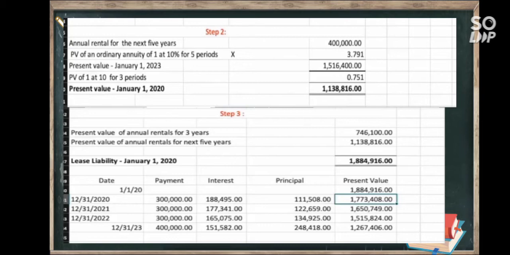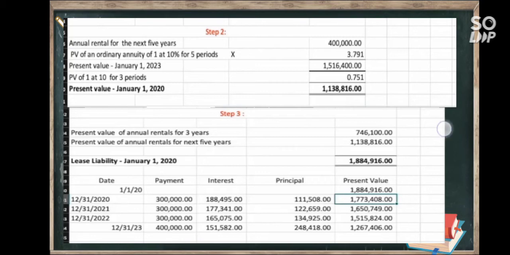But the next term applies later. As of December 31, 2023, the annual payment is different, for the second term, so 400,000. The present value as of January 1, 2023 is 1,267,406.